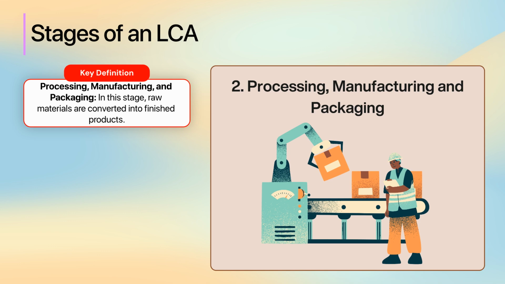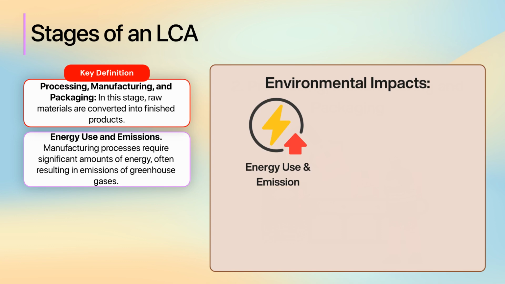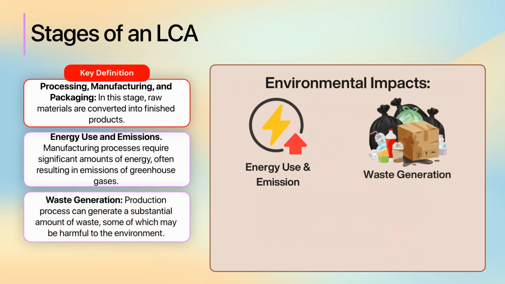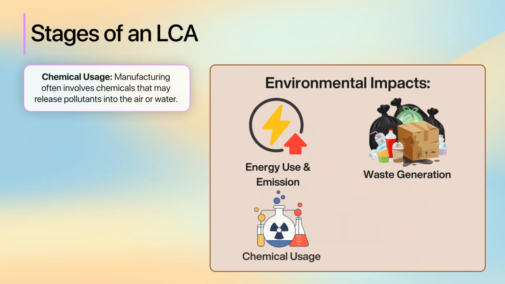The environmental impacts at this point include energy use and emissions. Manufacturing processes require significant amounts of energy, often resulting in emissions of greenhouse gases. Waste generation. The production process can generate a substantial amount of waste, some of which may be harmful to the environment. Chemical usage.